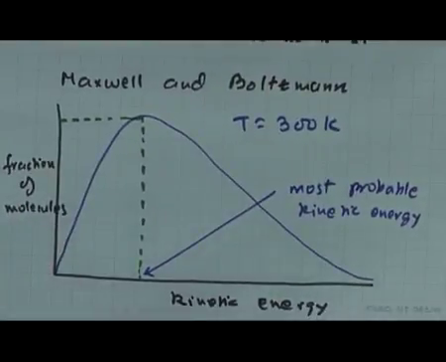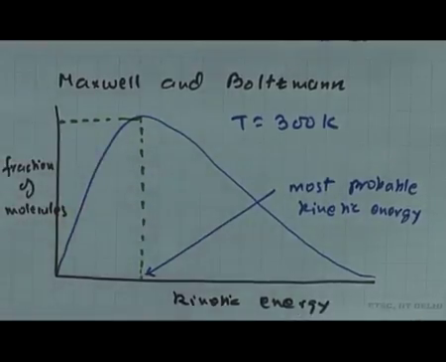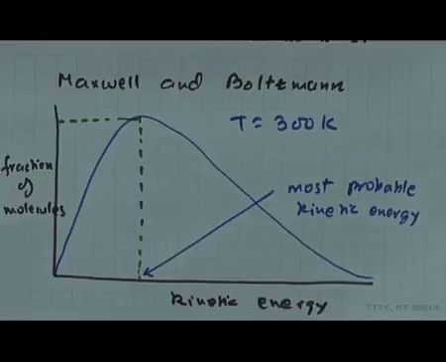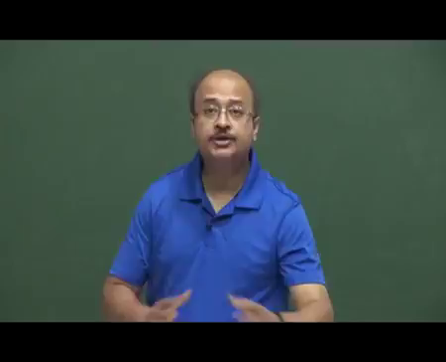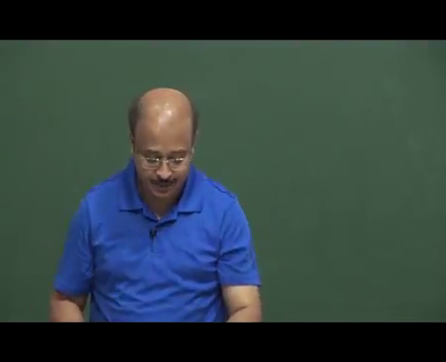Great. Now, having understood that there is a distribution of kinetic energies, and that the distribution peaks at a certain point which is called the most probable kinetic energy, let us see how this distribution varies as I change temperature. So, let us look at that now.